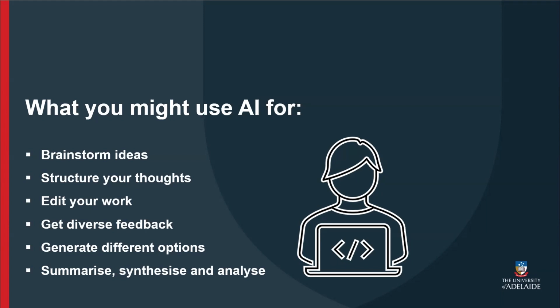Generating different options, whether it's phrasing, examples, approaches, AI can offer choices, but if you use one, you might need to cite it as well. And summarize, synthesize, and analyze. They're deeper uses of AI. And if the tool helps you interpret or combine sources, then citation becomes more important. So we'll show you how to cite and acknowledge these uses properly in later slides. But just for now, just to keep in mind, how you use AI affects how you should reference or acknowledge it.